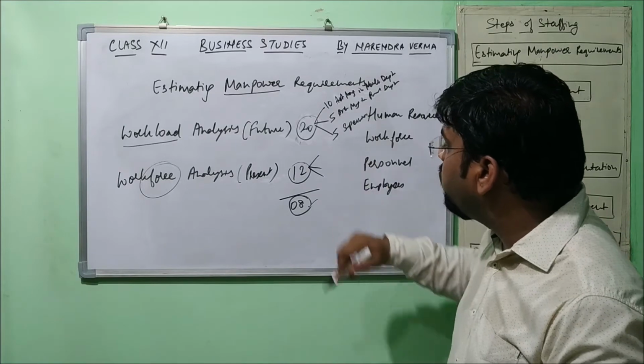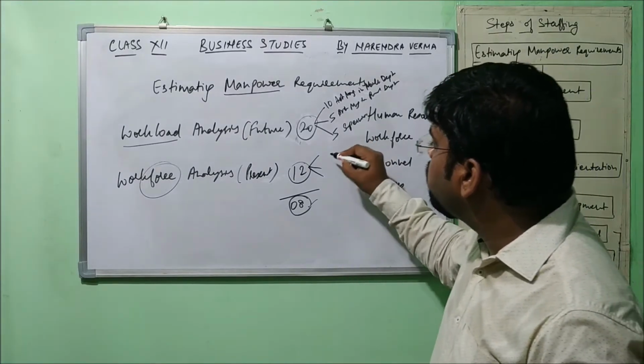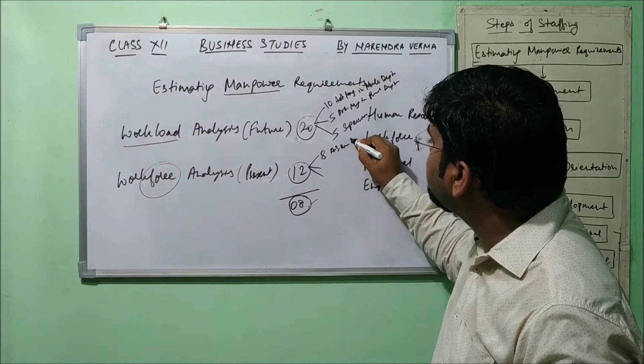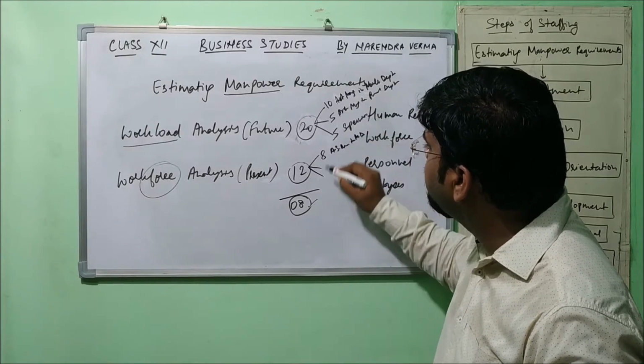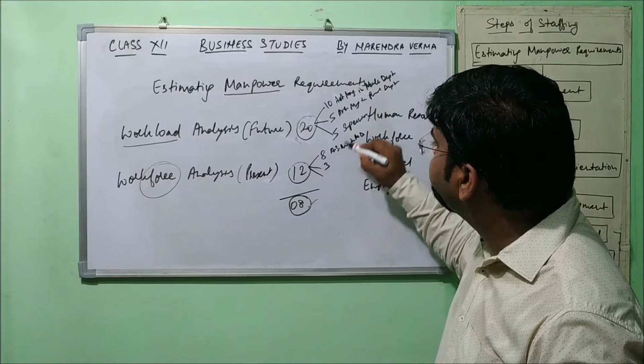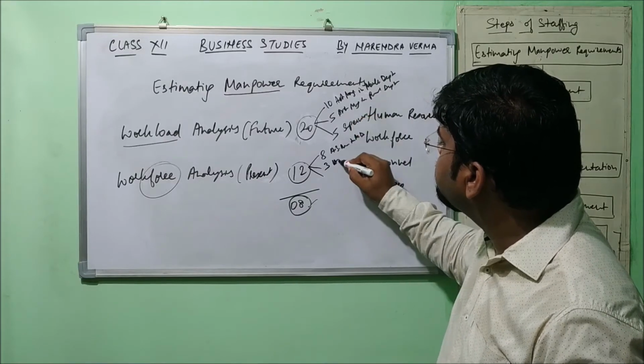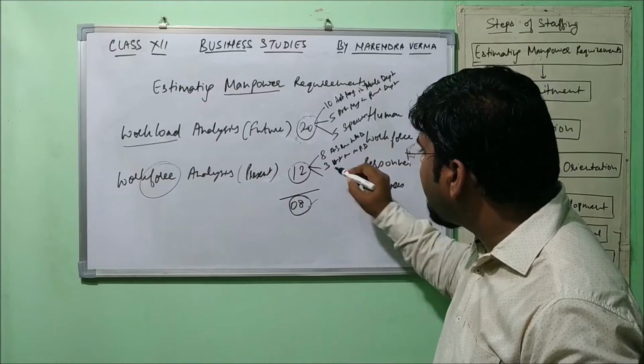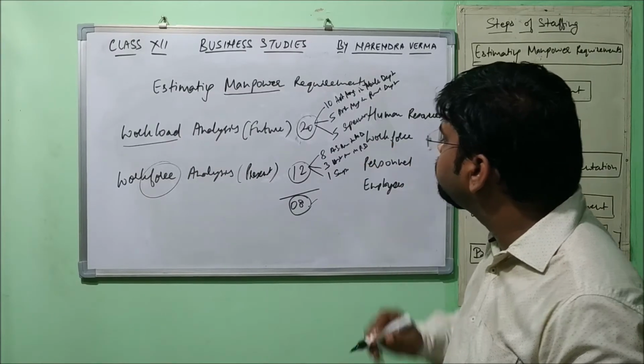Now how many are we with right now? Say for example, we have right now 8 assistant managers in the marketing department, 3 assistant managers in the purchase department and 1 supervisor.